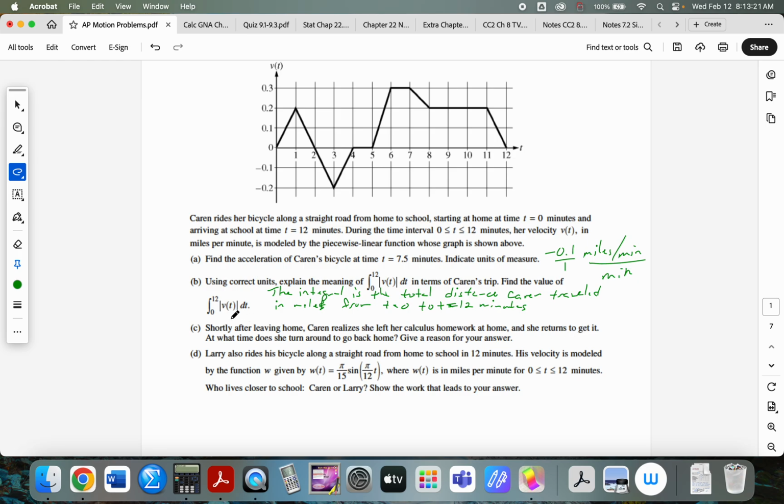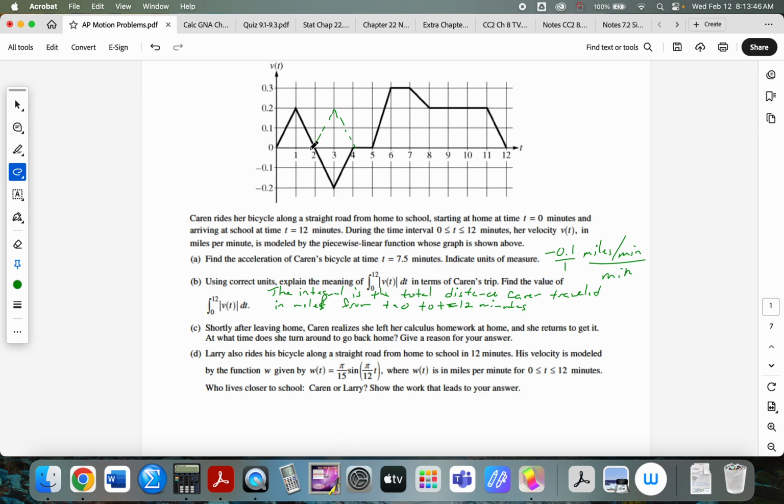And now we want to calculate that. So how do we calculate an integral from a graph? Take the area, and it's the absolute value. So any part that's below the axis is going to be reflected up.